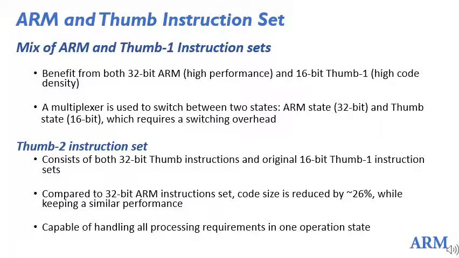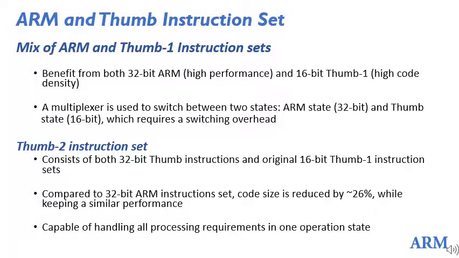But the disadvantage was the processor had to switch between ARM mode and Thumb mode, right? Whenever it was using Thumb instructions, it had to operate in Thumb mode, and whenever it was using ARM instructions, it had to operate in ARM mode. So this switching overhead was required. Every time it had to switch from ARM mode to Thumb mode, or from Thumb mode to ARM mode, this was consuming time and also resources.